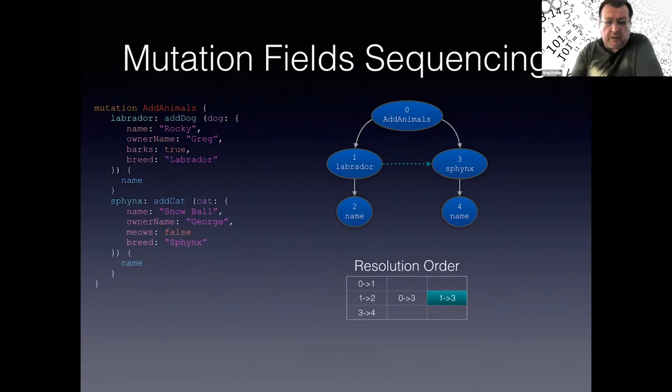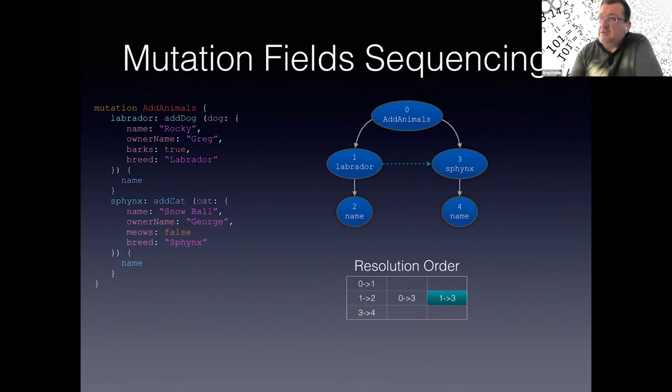So in our case, the first edge to resolve will be 0, 1, 0, the add animals, that's the topmost query selection set to Labrador. The next one would be Labrador to name, and animals to Sphinx, and Labrador to Sphinx. And Labrador to Sphinx, that's not actionable edge.